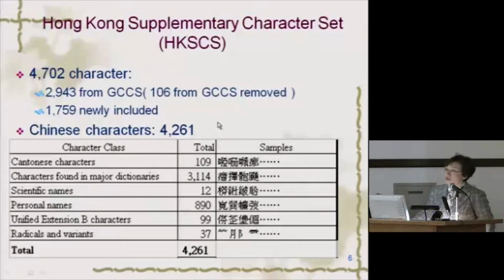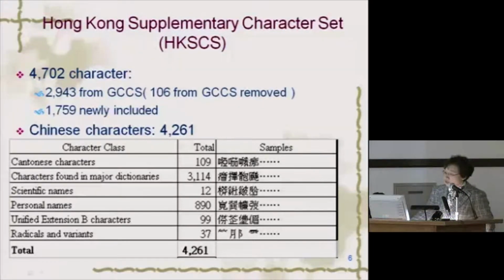If you take a look at, as a summary, the HKSCS in its first version has 4,700 some characters. And there are Cantonese unique characters. There are also some other characters which we can verify their sources from major dictionaries.